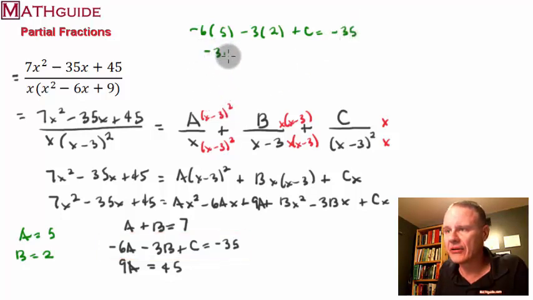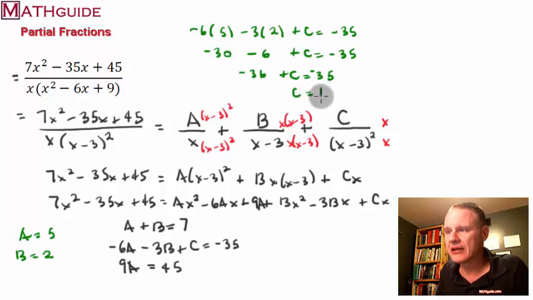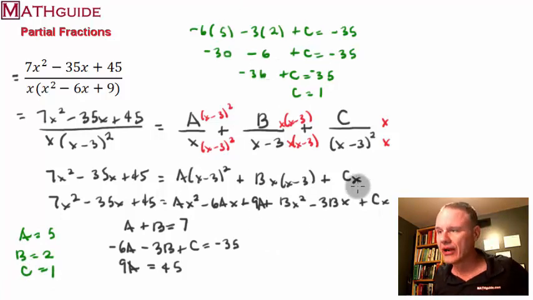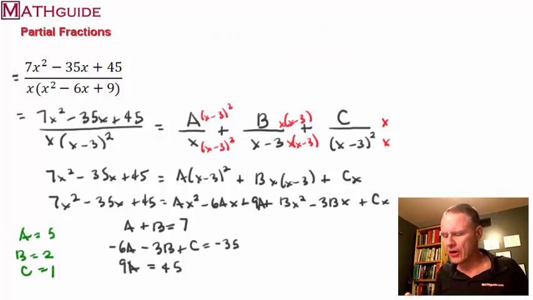Negative 30 minus 6 plus c equals negative 35. Okay, so that's negative 36 plus c equals negative 35. If I add 36 to both sides, I get c is 1, which I'm going to write right here. c is equal to 1. Okay, there's all the work. I'm going to be deleting that right now. And there you go.